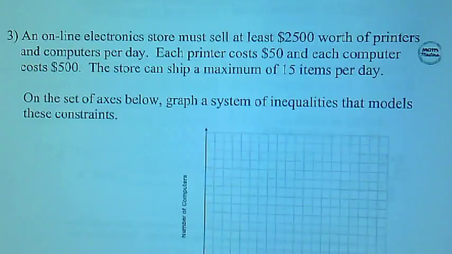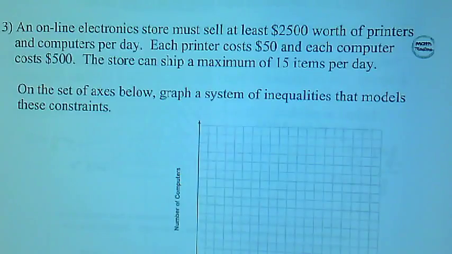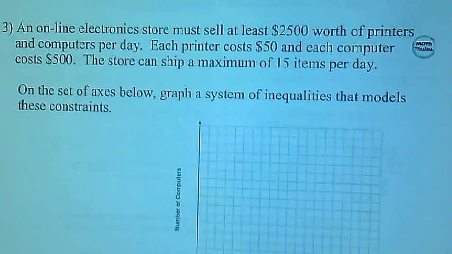An online electronics store must sell at least $2,500 worth of printers and computers per day. Each printer costs $50 and each computer costs $500. The store can ship a maximum of 15 items per day. So again, we want to graph the system of inequalities that models these constraints.